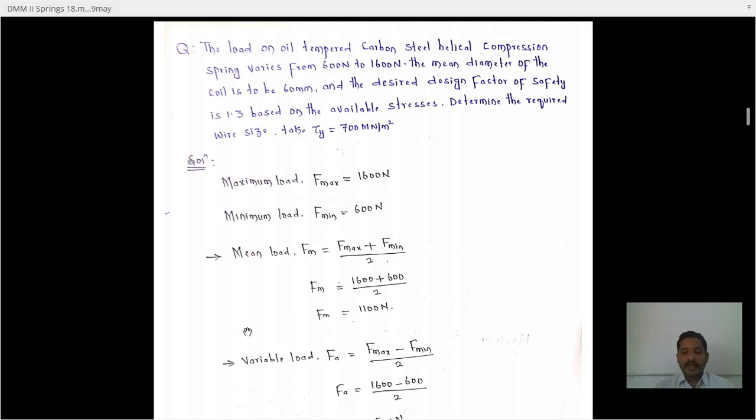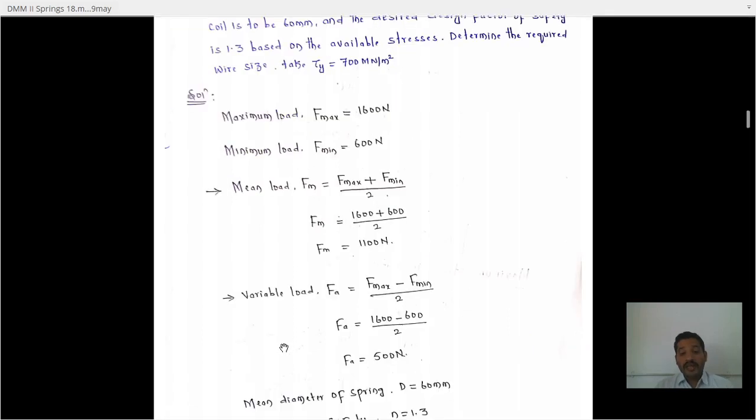After getting the value of the mean load, we need to find out the value of the variable load. The formula is variable load equal to maximum load minus minimum load by 2. This variable load is represented by FA, the amplitude load, or FV, the variable load.